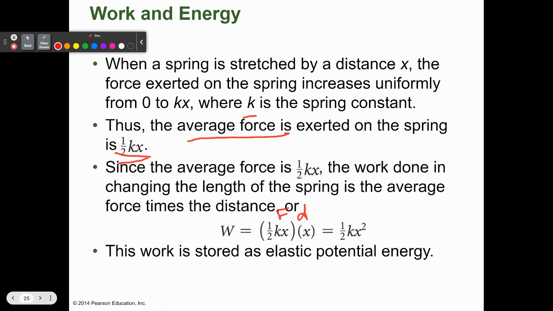In this case, our force is 1/2 kx, and our distance is x, the amount that it gets displaced. So our work is 1/2 kx squared. This is the work that is stored as elastic potential energy. So if we're talking about springs, that's the equation you're going to use, not mgh. It's going to be 1/2 kx squared.